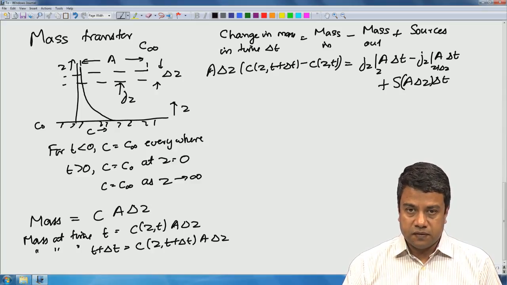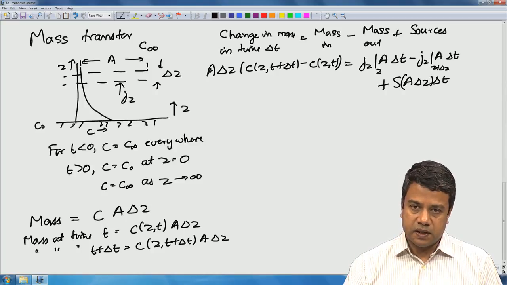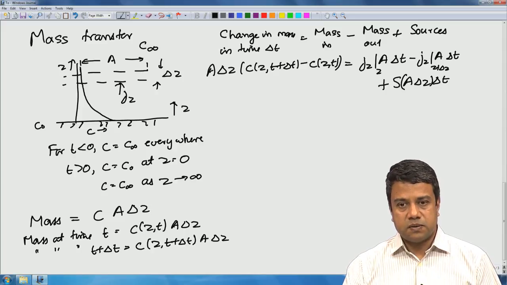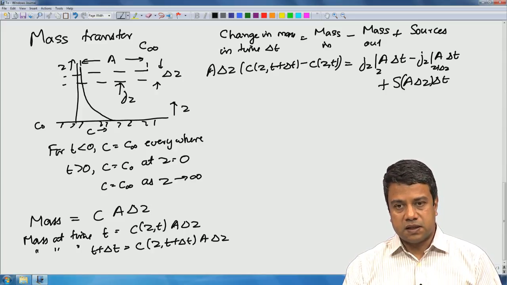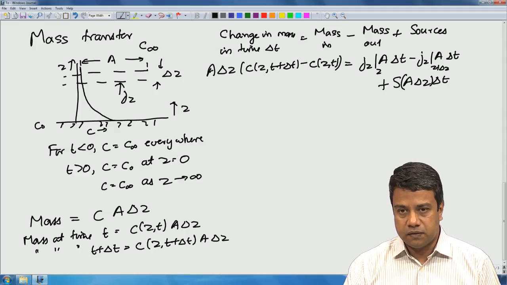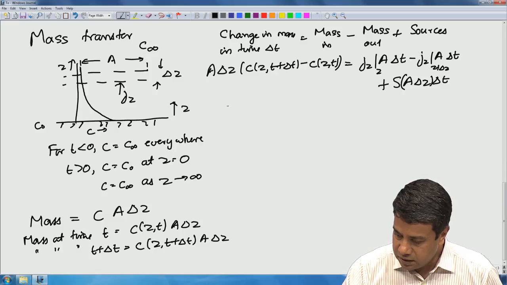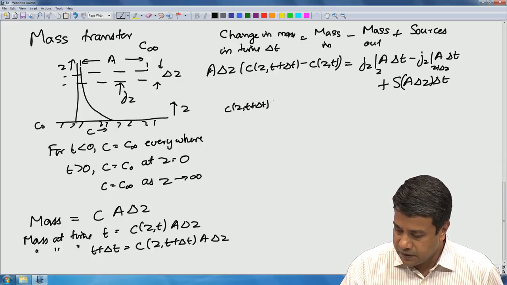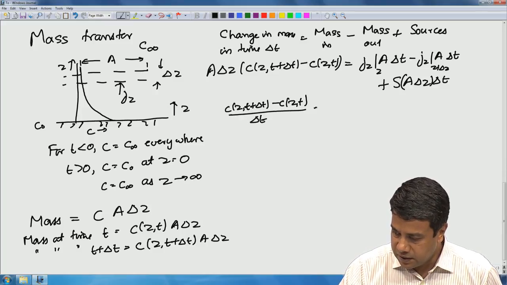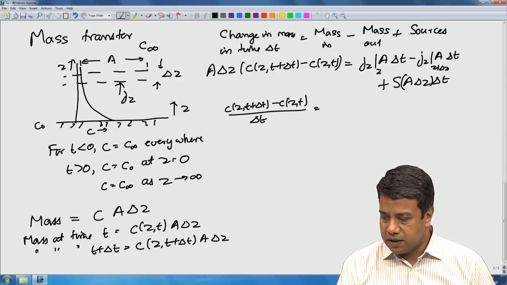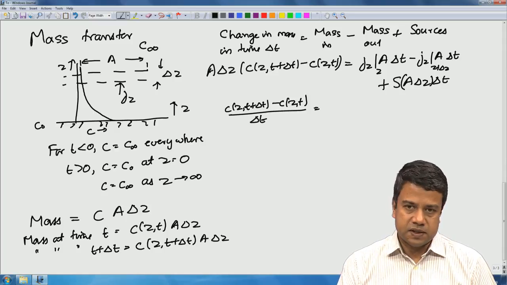Now, to get the differential equation, we divide throughout by the volume and the time interval. So, we have to divide throughout by A delta z delta t, and you will get C at z, t plus delta t minus C at z, t, by delta t, is equal to, now we had J_z at z minus J_z at z plus delta z.